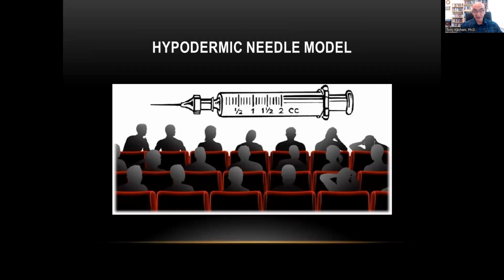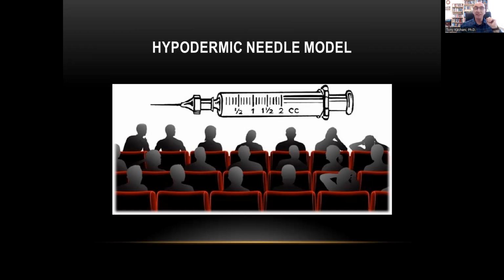This model posits a direct and powerful influence of mass media on audiences, likening the media's impact to a hypodermic needle injecting a message directly into the passive recipient. The theory suggests that audiences are homogeneous and media messages have a uniform and immediate effect on everyone who is exposed to them. So, what are the key characteristics of this model?